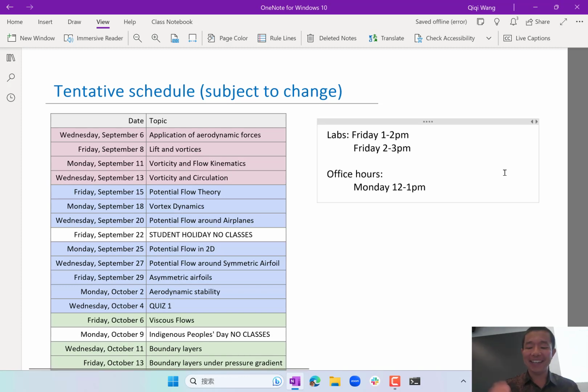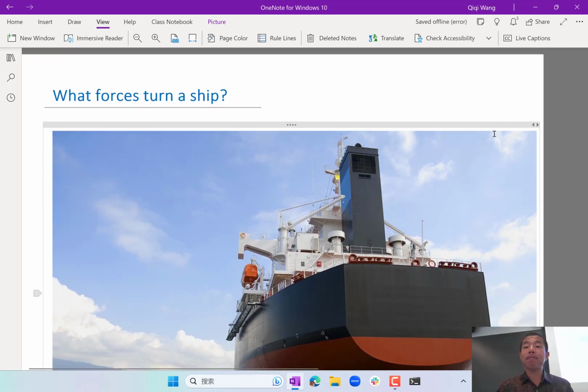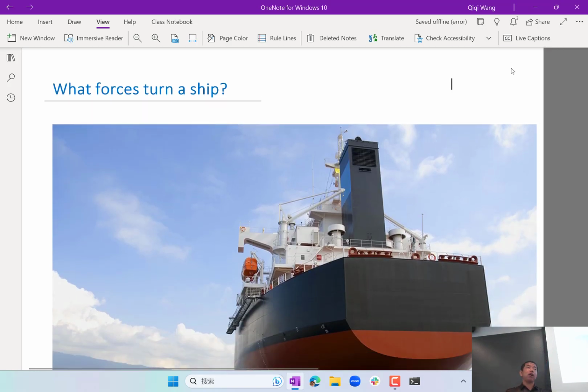So let's go ahead. And in the last lecture, we talked about a lot of applications of aerodynamic forces. I just want to reinforce the concept, especially the concept that we use lift a lot more than we use drag. Another example is what actually turns a ship, right?